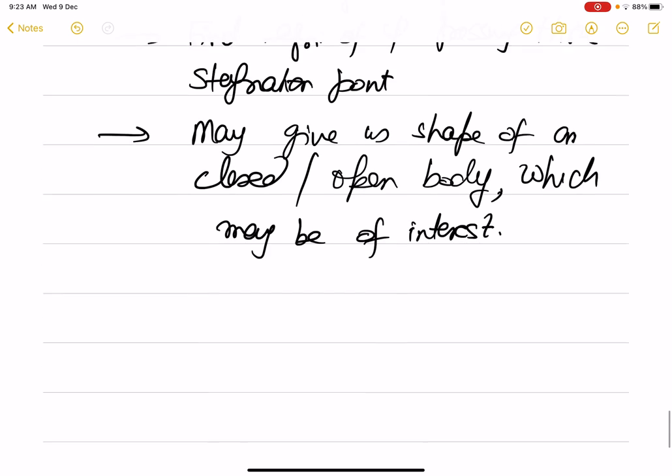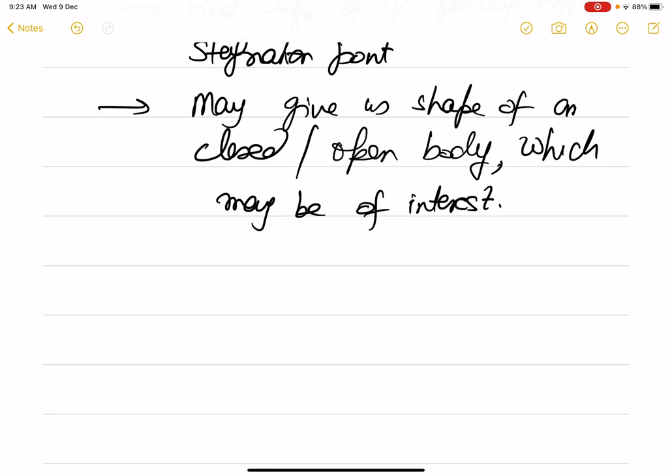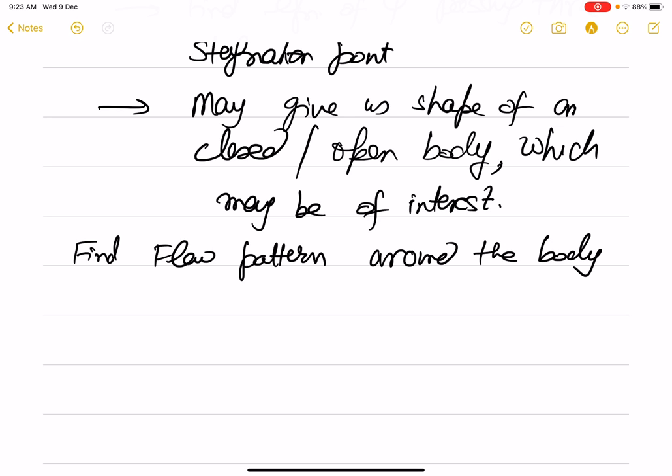And then the other thing which will happen is, once we find this, we will try to find the flow pattern around the body, and then we may try to find the drag force or the lift force.